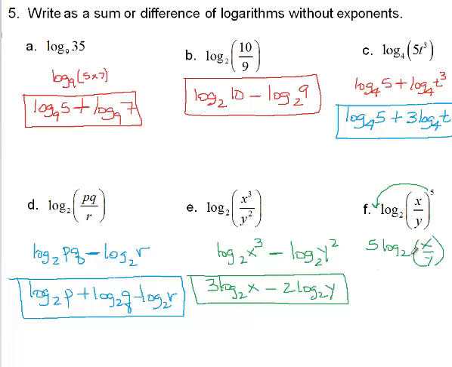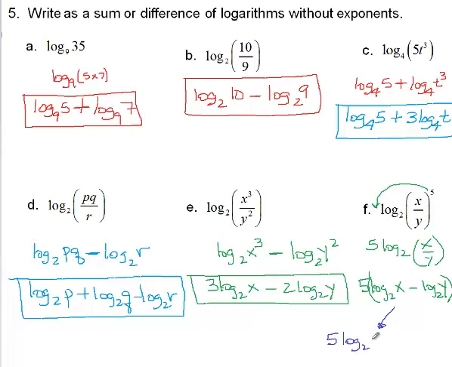And then that would be 5 log base 2 of x minus log base 2 of y, but with brackets around them because the 5 is in front. Let me change to a different color. And one last step, multiply by 5 both of these.